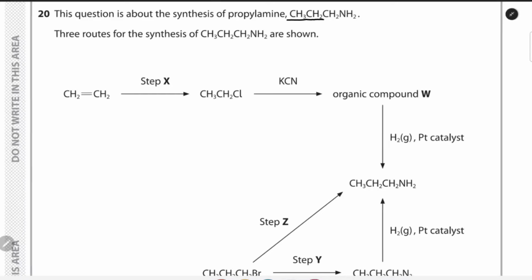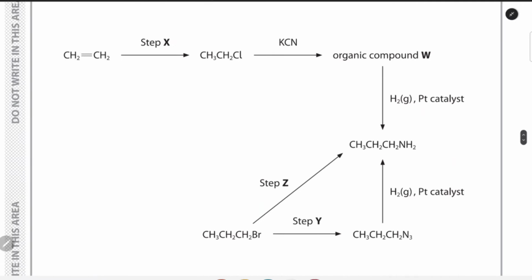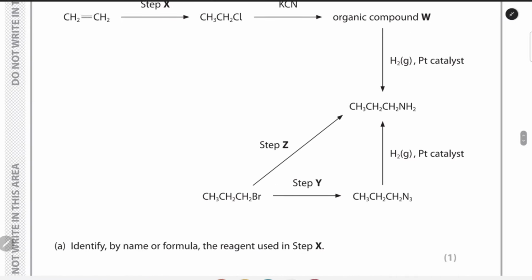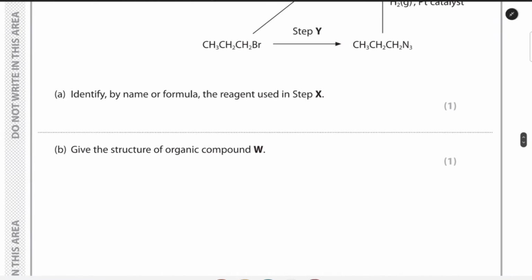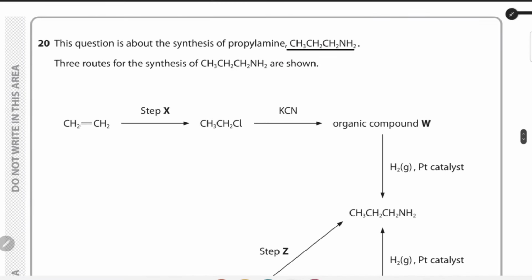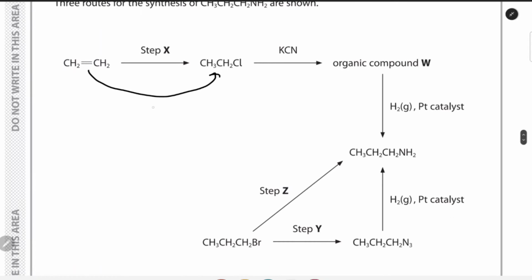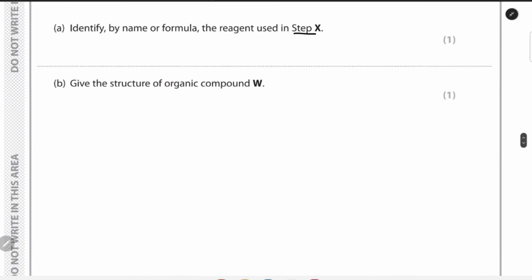In this question we are forming this compound propylamine from ethene. So we are given some steps on how we do it. We have to first find what reagent is used in step X. In step X, we go from an alkene to a halogenoalkane or a chloroalkane. To do this, we have to react it with hydrogen chloride gas.